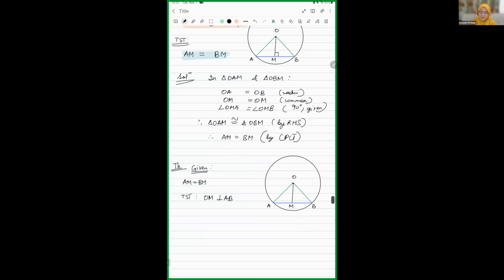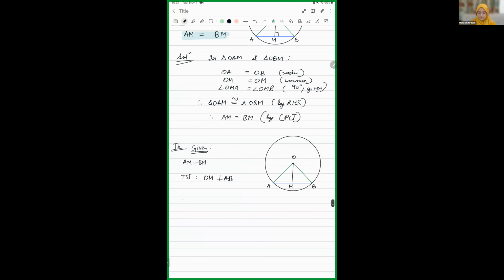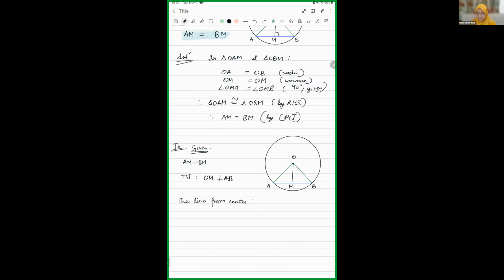So the theorem statement is going to be the line from the center which bisects the chord. You can say the bisector of the chord also, okay?